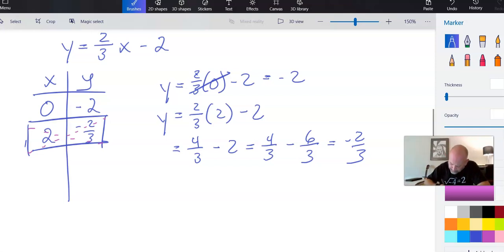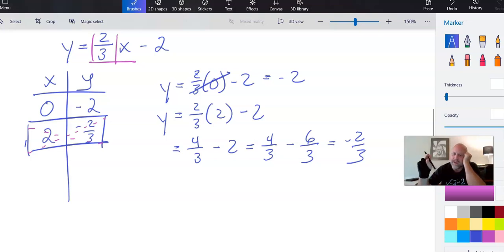So how could we pick a number that will guarantee that I won't have this fraction when I'm done? I'm picking values of x, so that means I'm going to be multiplying whatever x is by 2/3.